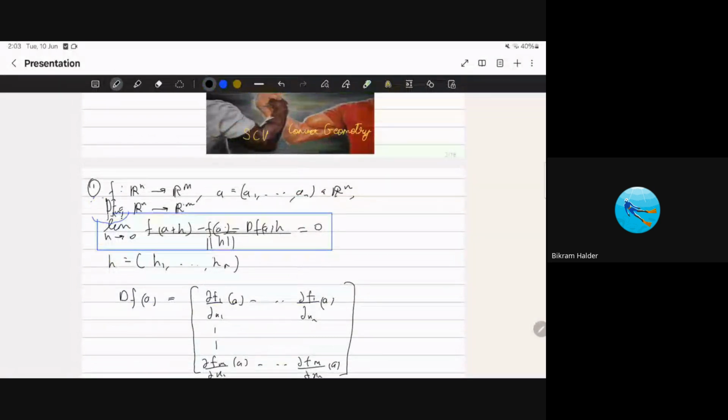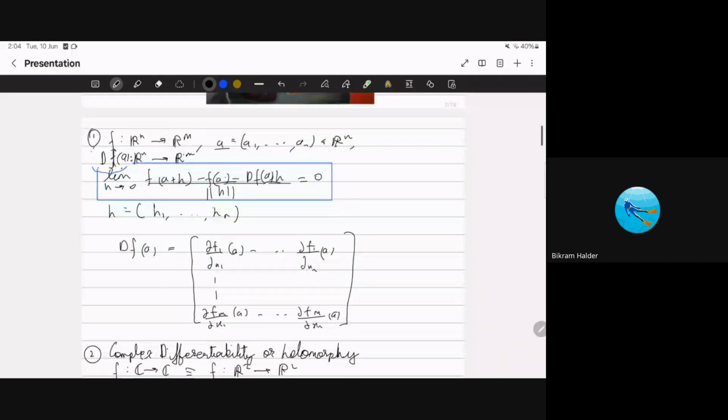Recall that we say such a function is differentiable at the point a, which is a point in Rn, if there is a linear map dfa from Rn to Rm such that the limit of f of a plus h minus f of a minus dfa of h, upon norm h, goes to 0. Right? And in particular, we find that this dfa ends up being the Jacobian of the function f.